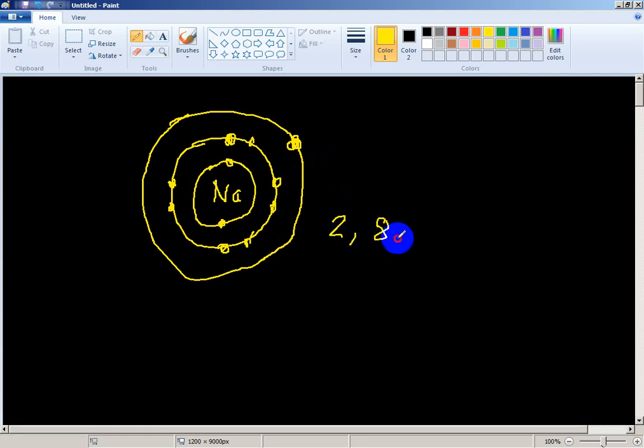If it loses its last electron, it can gain an octet easily. If it wanted to gain, it would have to gain 7 electrons. So gaining 7 electrons is more difficult than losing 1 electron. For this reason, sodium loses an electron, and by losing 1 electron it becomes positively charged.